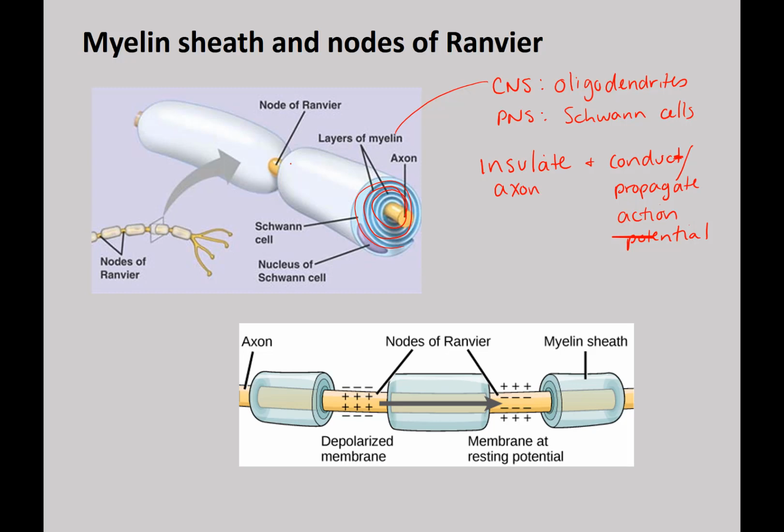In between here, you see an exposed axon. That's the node of Ranvier. The node of Ranvier, like I said, is where action potentials are propagated or reinitiated.